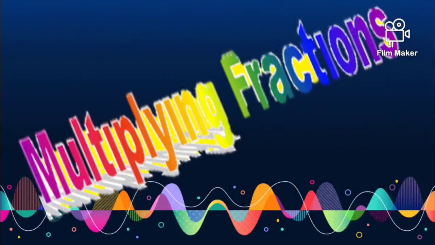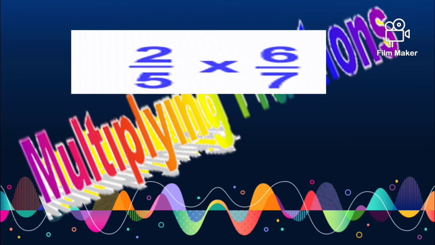Now in the next example, we are going to multiply a fraction by a fraction. The example is 2 by 5 multiplied by 6 by 7. According to the rule, we will multiply the numerators together and the denominators together.